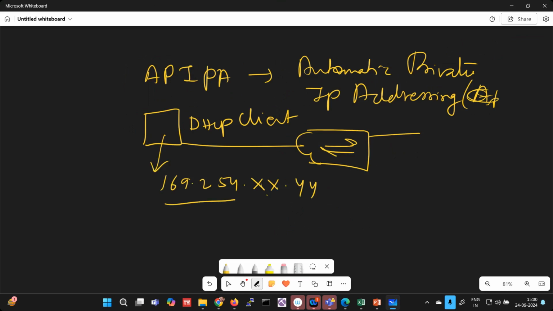So this series of IP addresses is known as APIPA. APIPA is a special range of IP addresses, again a reserved IP address.